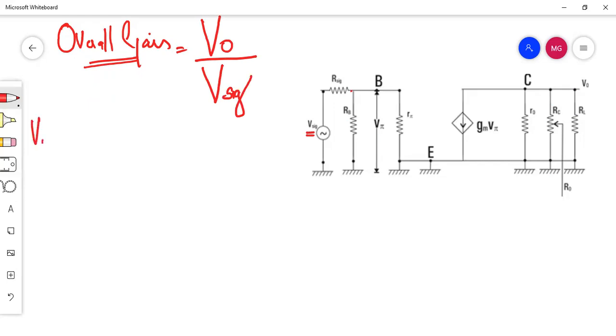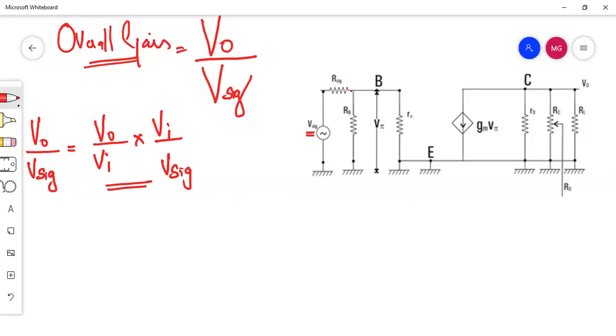And this can be written as Vo by Vi into Vi by V signal. The Vi cancels, and we again get Vo. So this factor we already reduced, that is AV.